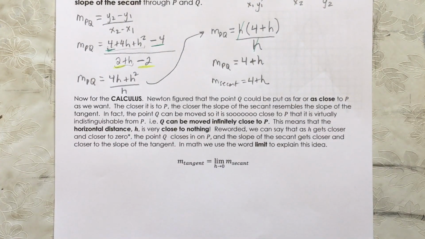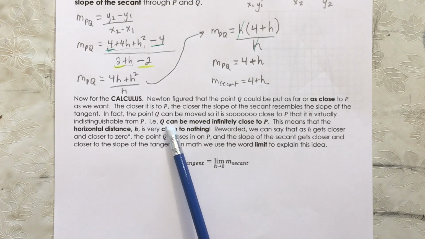Newton figured that the point Q could be put as far or as close to P as you wanted. The closer it is to P, the closer the slope of the secant would resemble or be near the slope of the tangent. In fact, you could move that point Q so it's so close to P that it's virtually indistinguishable from P. So in other words, infinitely close to P, okay?